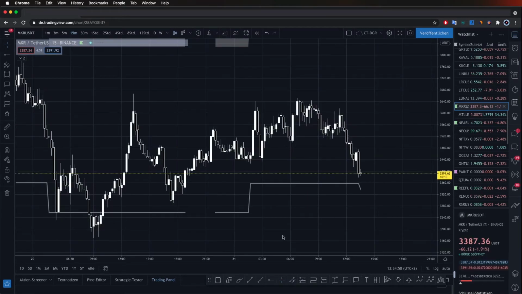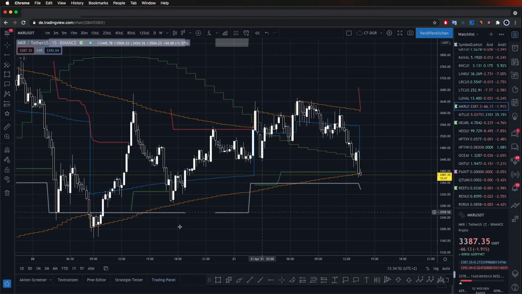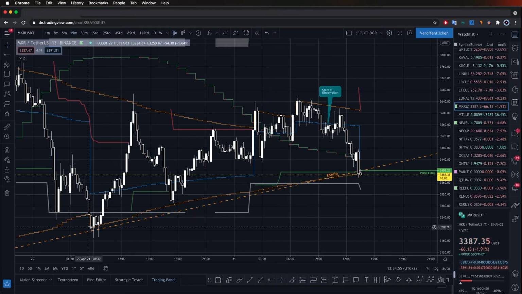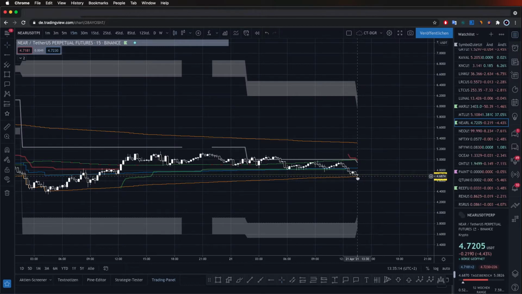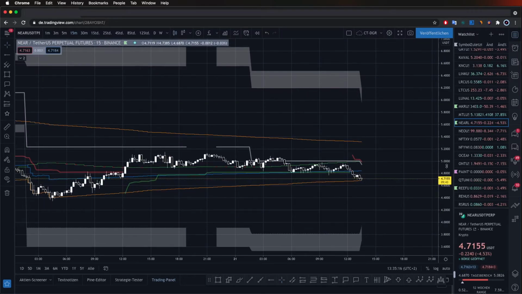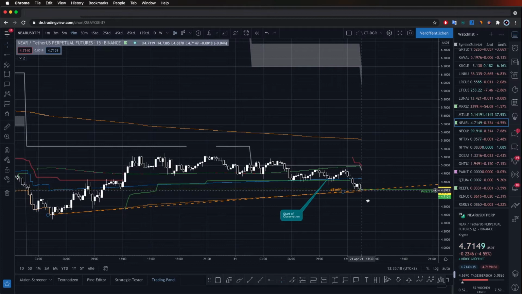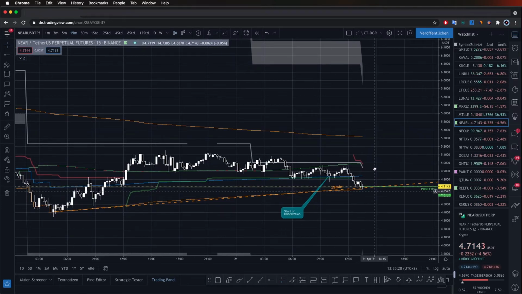So you remember I put the alert on this line here. This was the line I was drawing, and both were hit more or less simultaneously. So I went to my computer, entered a position here, and entered a position over here, and started to record to show you more or less the progress of both.